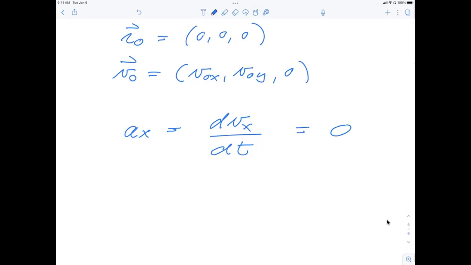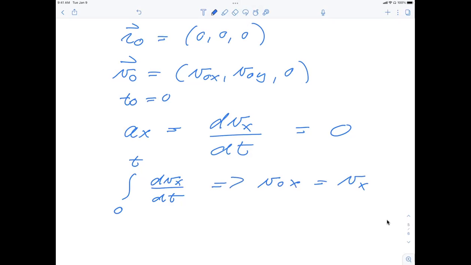When I integrate up the acceleration from t0 equal to 0 up to time t, we are simply going to get vx equal to v0x. And this is going to be the velocity in the x direction.